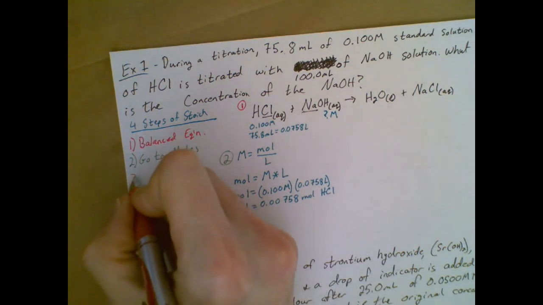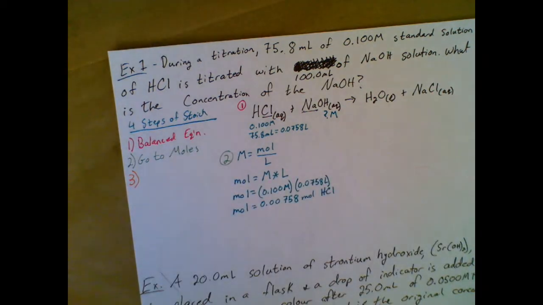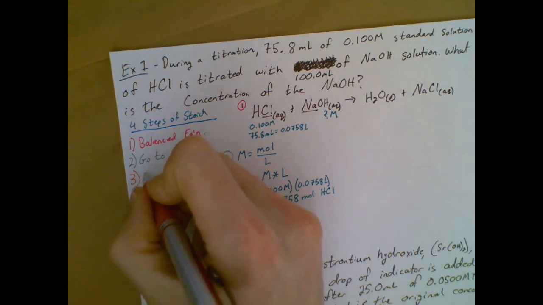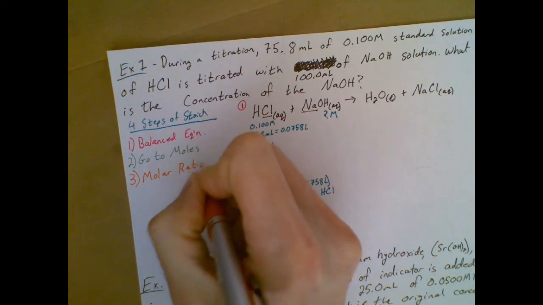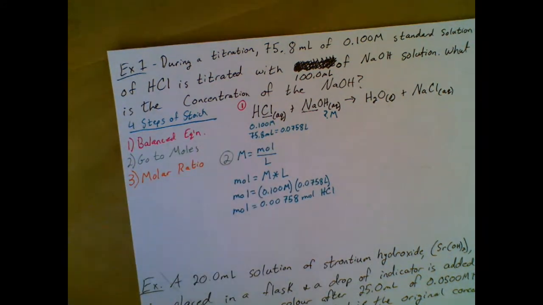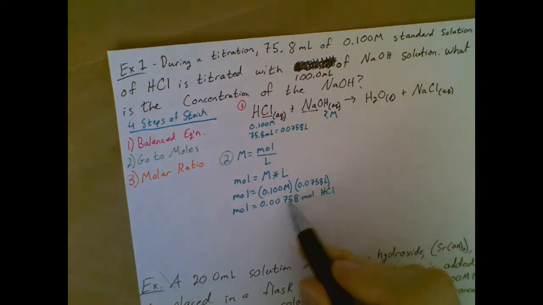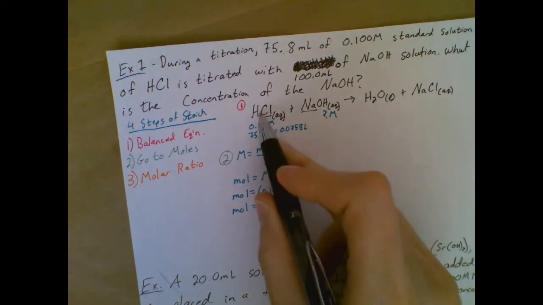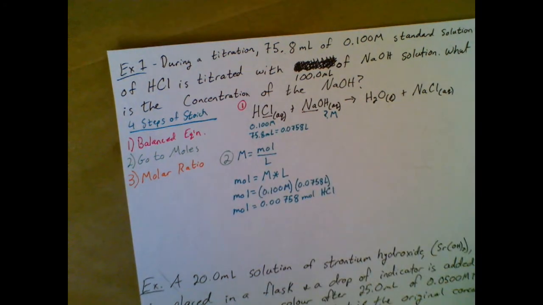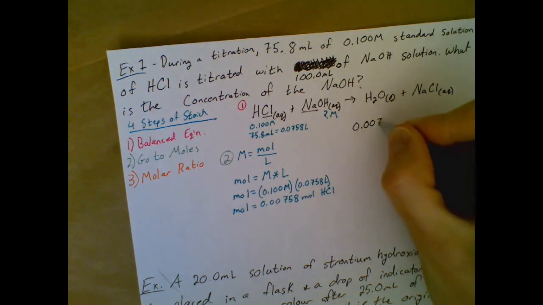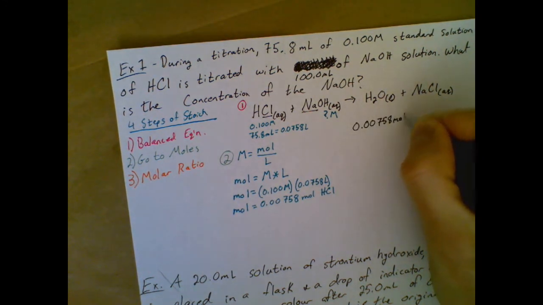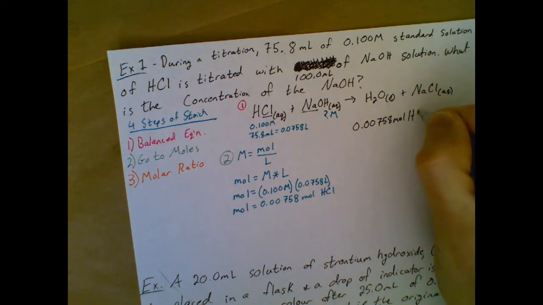Step 3, after we've balanced our equation, after we've converted the information we have into moles, the next step is your molar ratio. Okay, so here's what I'm going to do. I'm going to take moles of HCl, convert it into moles of sodium hydroxide. So I have 0.00758 moles of HCl.